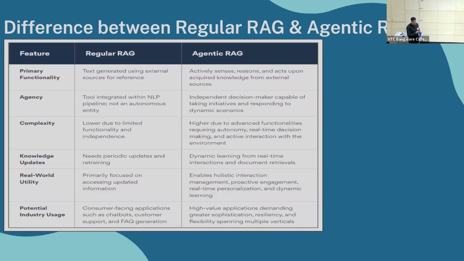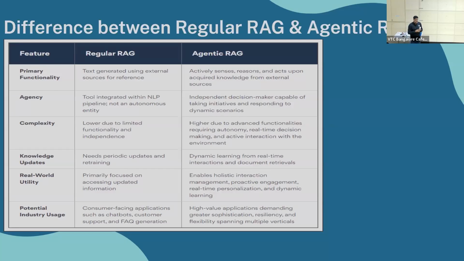But if I have to make a decision that may be of more importance to my CHO, then I will probably use agents, because I know they have the capability of dynamic learning over a period of time. It can give me real-time information.